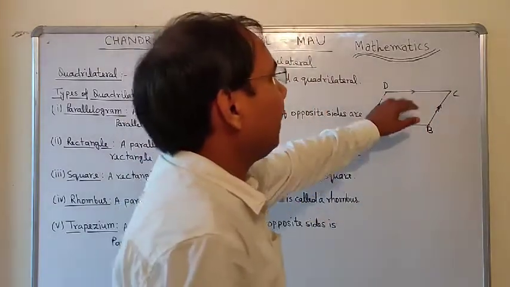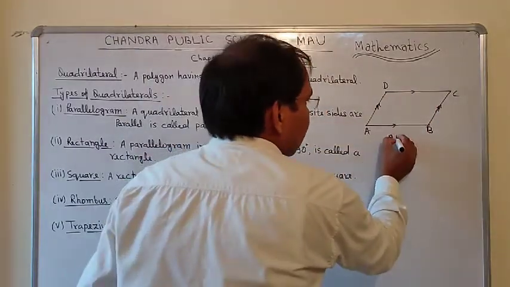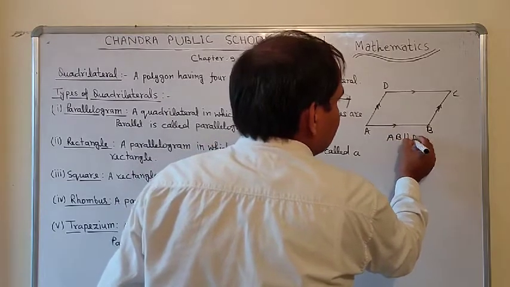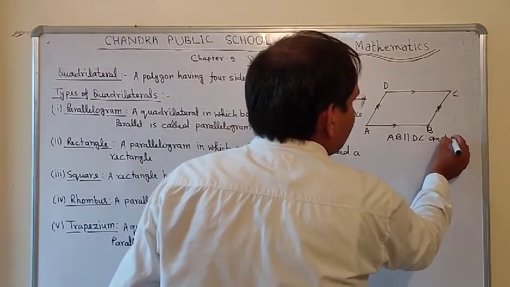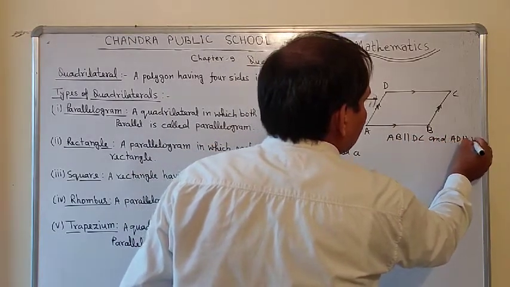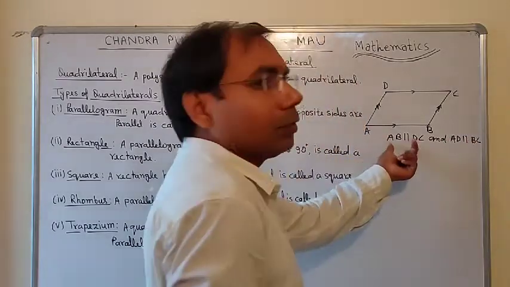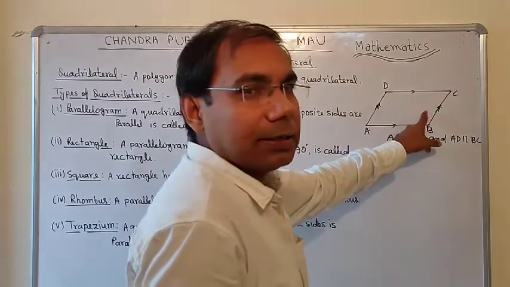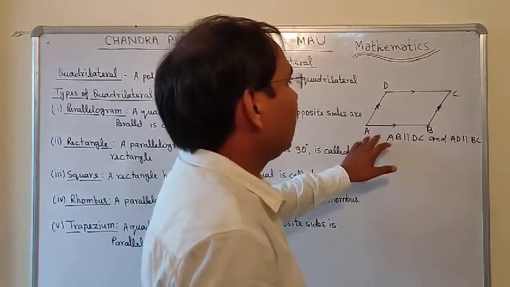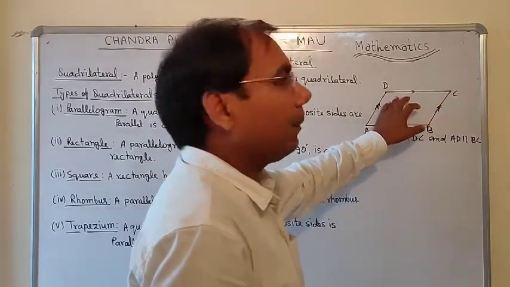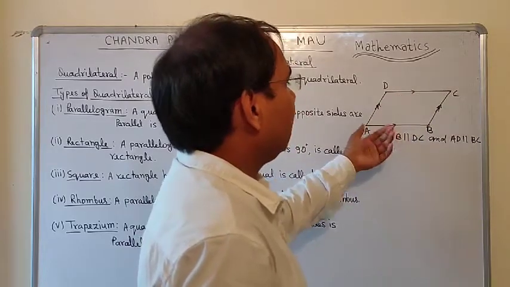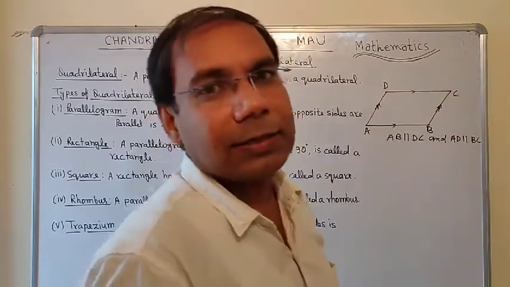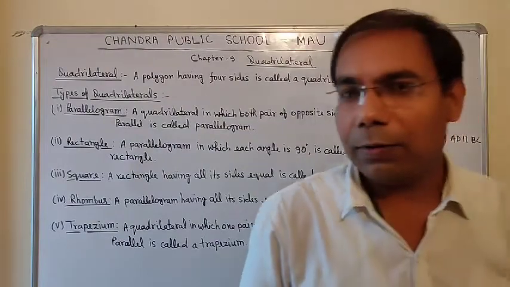It means AB is parallel to DC and AD is parallel to BC. So in this quadrilateral both pairs of opposite sides are parallel, so ABCD is called a parallelogram.